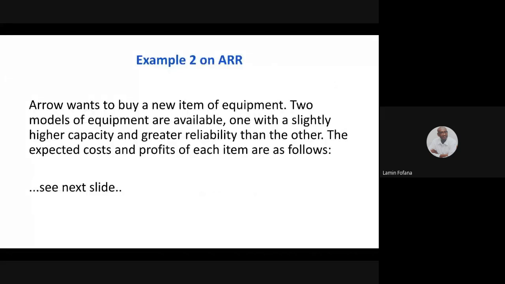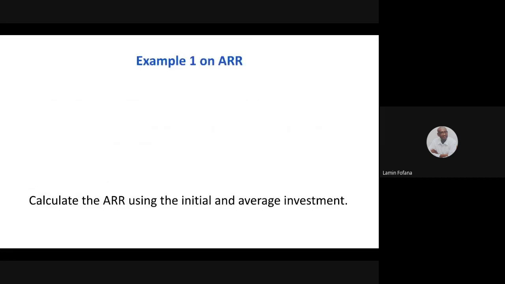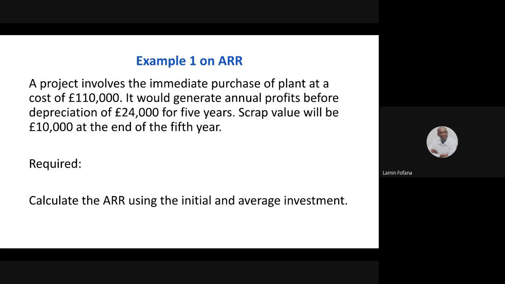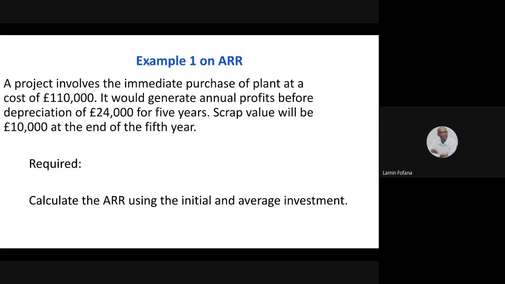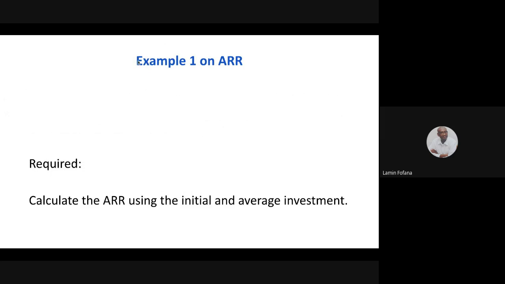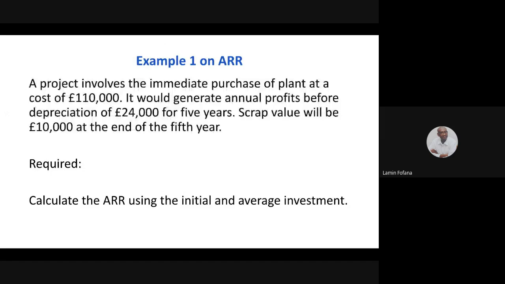Example 1, please do it as part of your assignment; it is very easy. So we're going to do example 2, which is a bit more complicated. Is that clear, everybody? Example 1 on ARR will be one of your assignments.